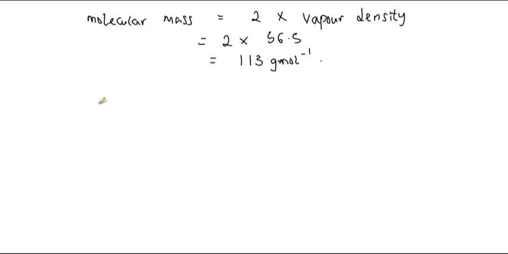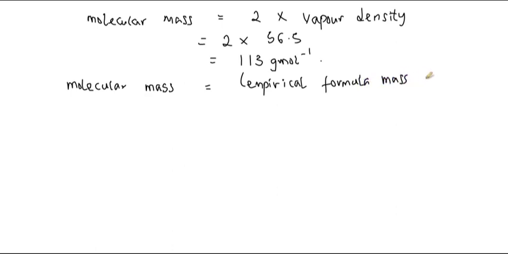This leads us to the relationship that says molecular mass equals empirical formula mass multiplied by n, that is in brackets of n, where n is a whole number multiple.